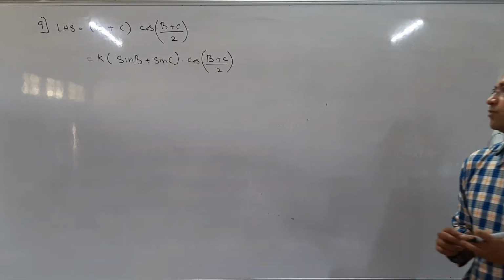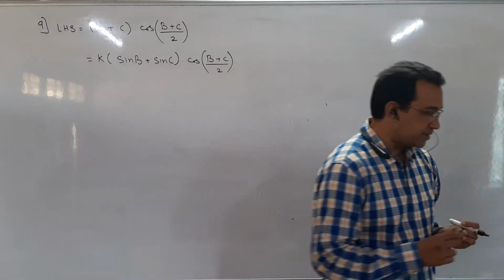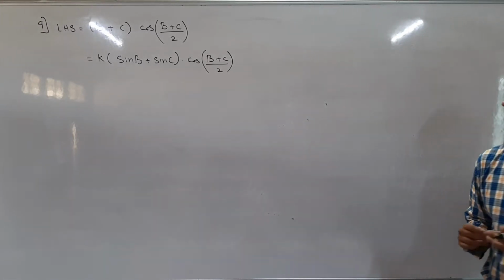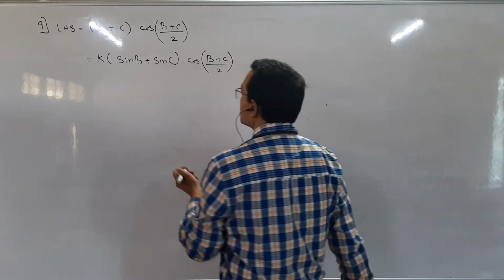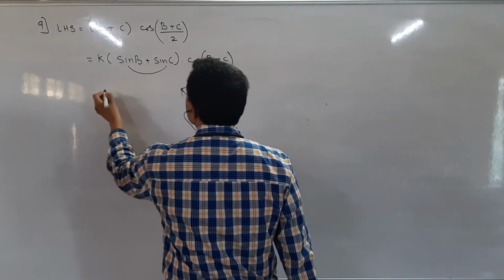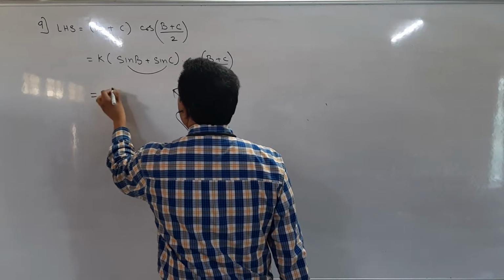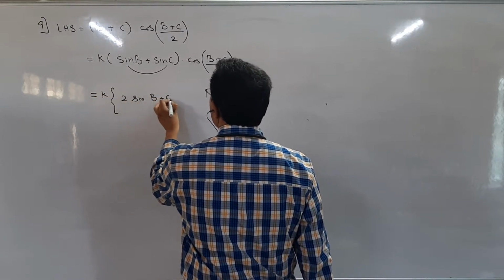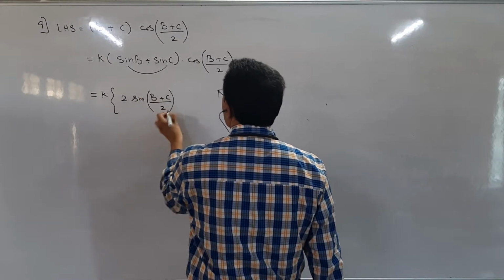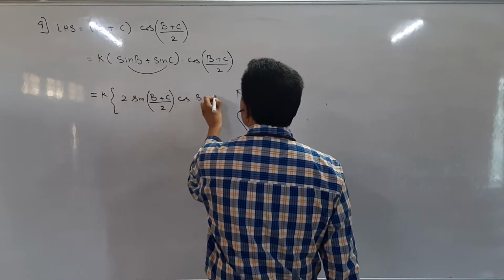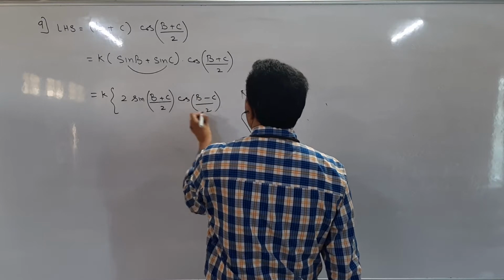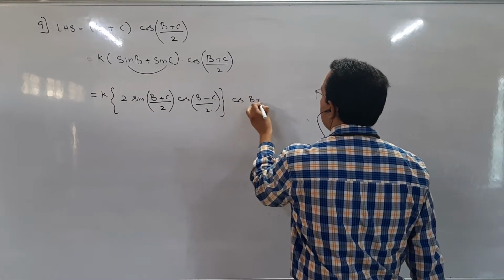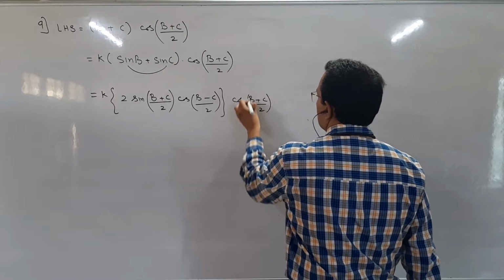Now, students, according to the answer, we want cos (b minus c) by 2. So, applying s plus s, we will get 2 sine (b plus c) by 2 into cos (b minus c) by 2 into cos (b plus c) by 2.